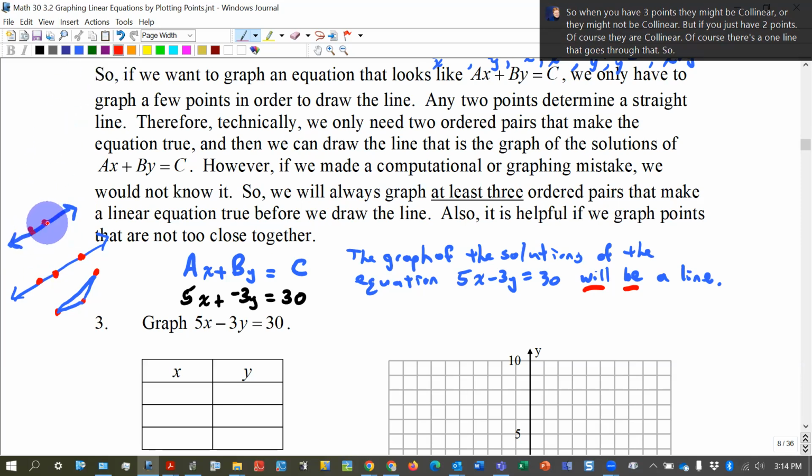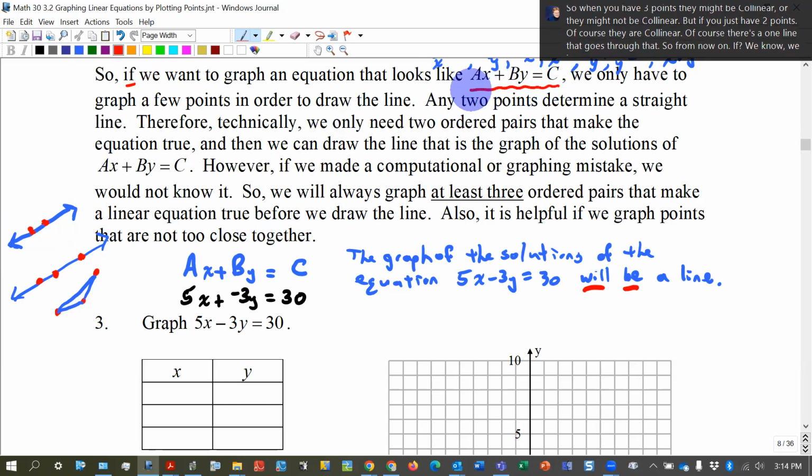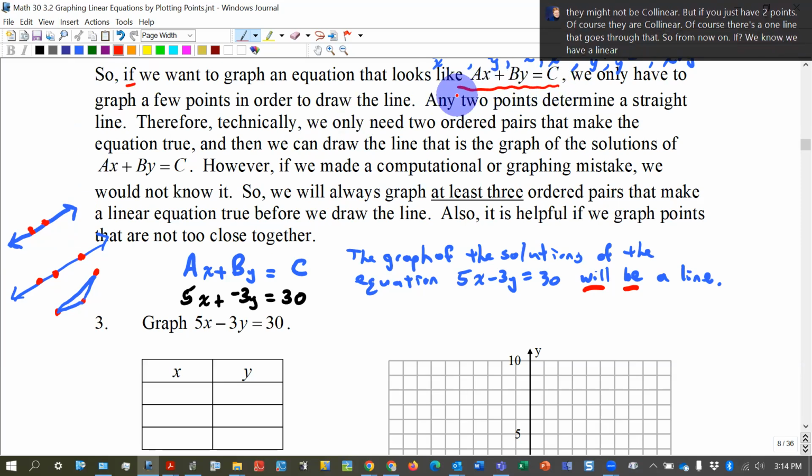So from now on, if we know we have a linear equation, we only need to graph 3 points.